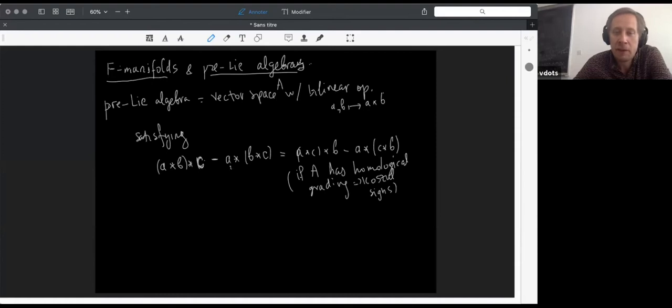So I think about this identity operadically. A, B, and C are just three placeholders, and signs only appear when you substitute instead of A, B, and C concrete elements with concrete homological degrees.